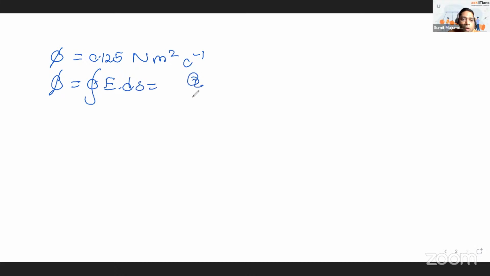We already got the value of flux as equal to 0.125 Newton meter square Coulomb inverse. So therefore, phi being equal to, again writing it, E dot ds equals Q upon epsilon naught. So therefore, Q will be equal to epsilon naught into phi. Now let's substitute the values.